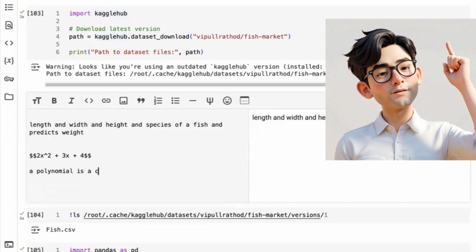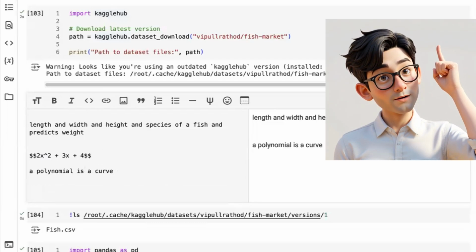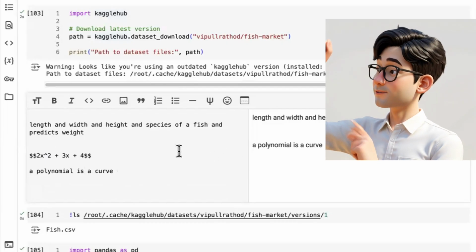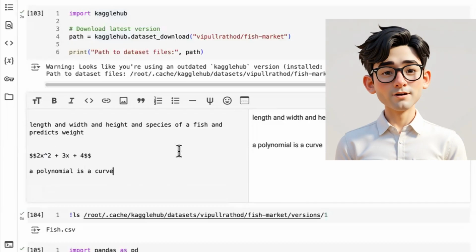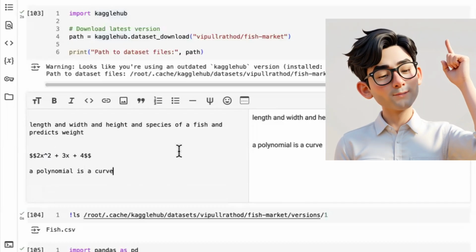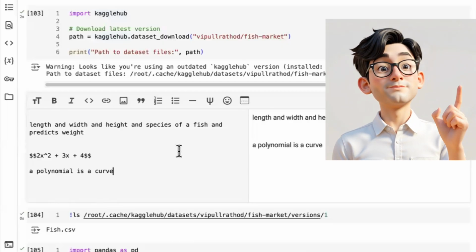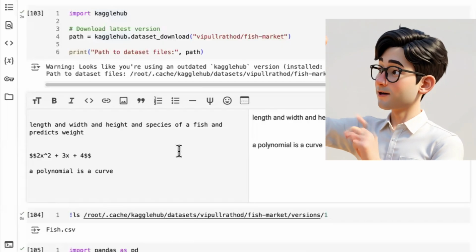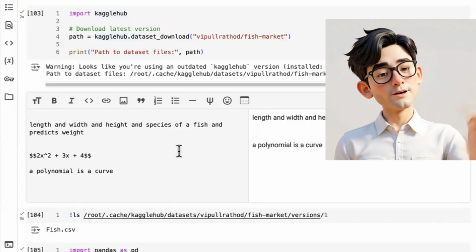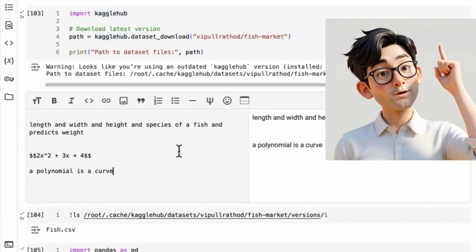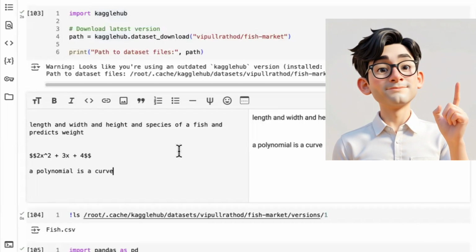Whenever the first number has an exponent, that's a curve. You guys have all seen the graph of something squared, something cubed. Now, you could obviously tell if you know how long a fish is, how tall and wide it is, and then the species is important because it has to do with density, right?